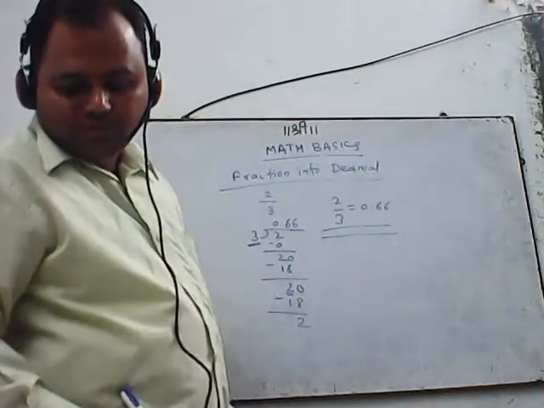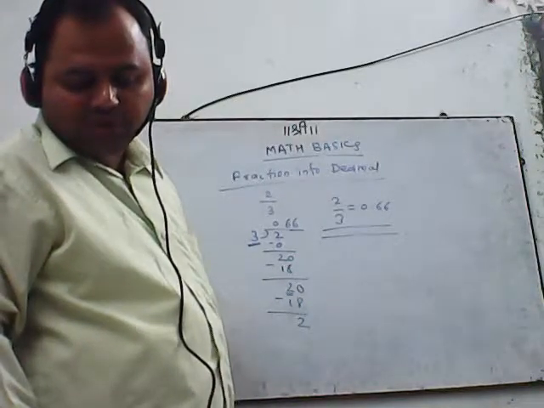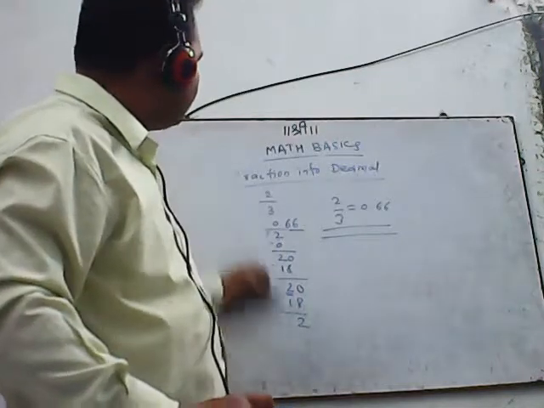Okay. So the next question is: which of the following numbers is exactly divisible by 2, 3 and 5?